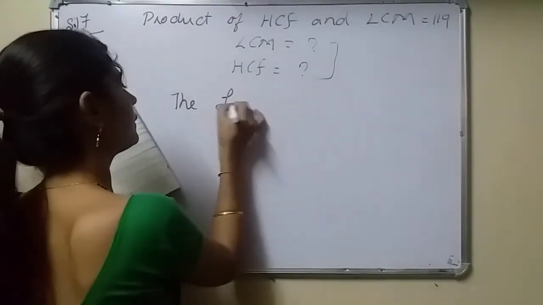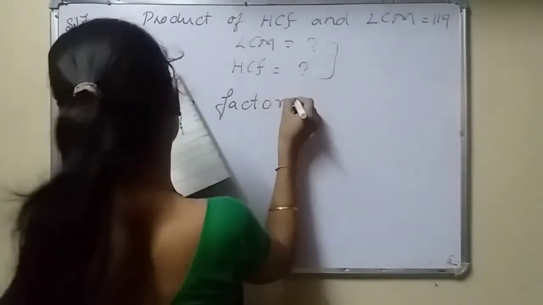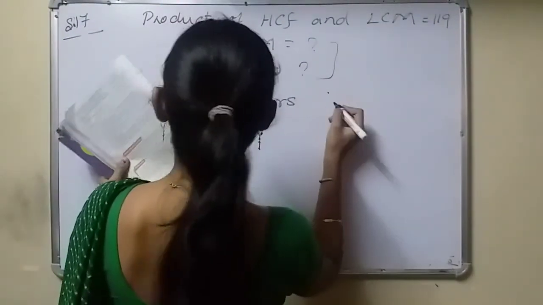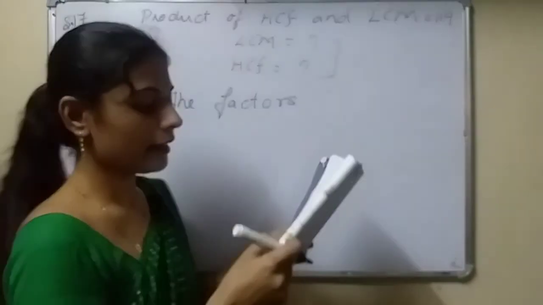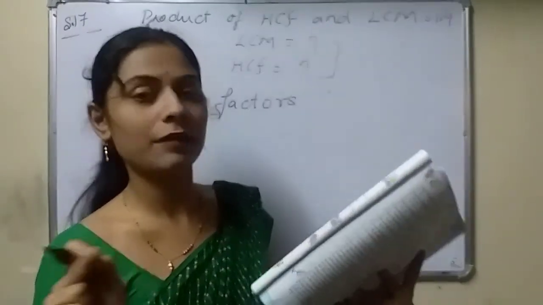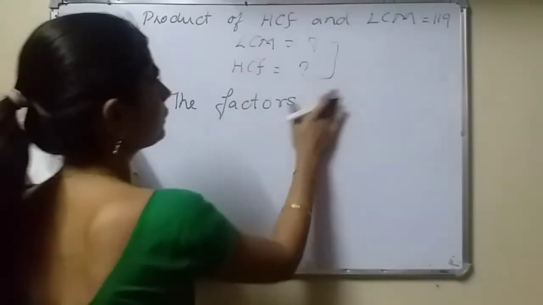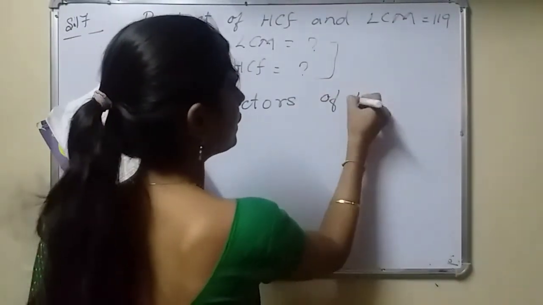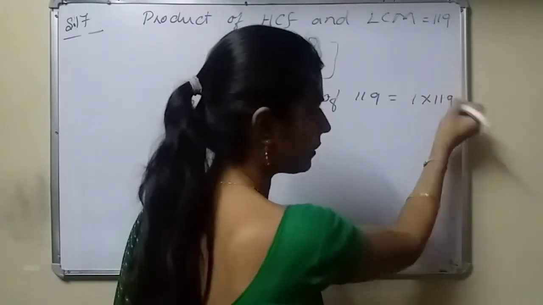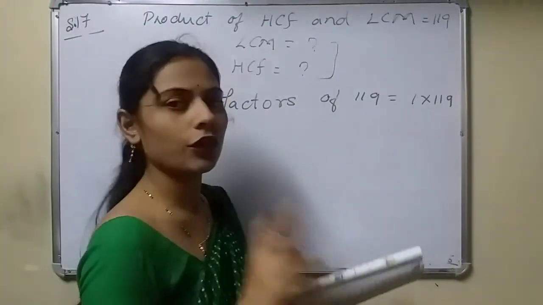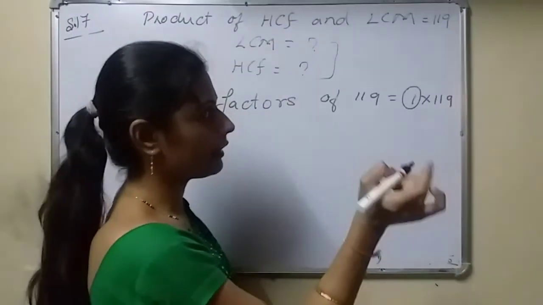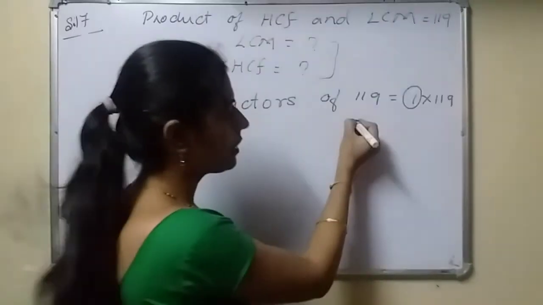It is written here, if none of them is 1, which are the factors of 119? 1 into 119. If it is given in the question that 1 should not be taken here, then you have to find the other numbers.